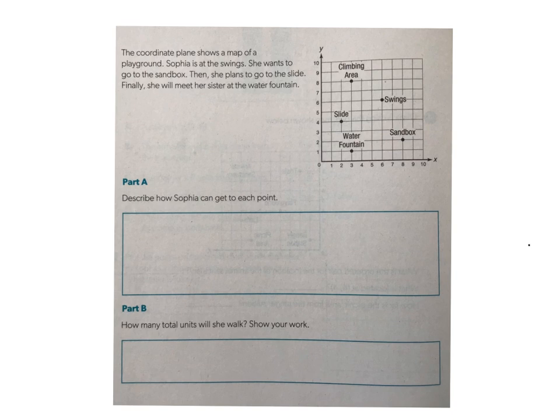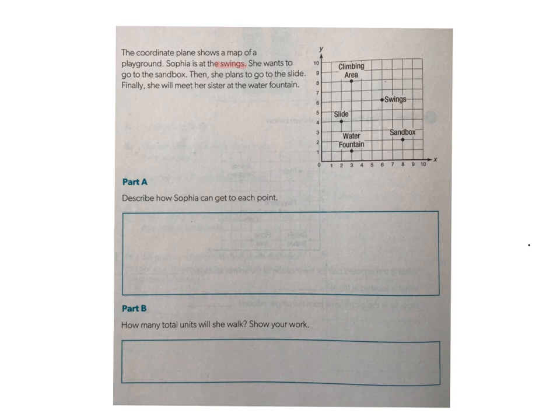So I'm going to go ahead and reread it, and I'm going to highlight all my information. I noticed the first time that there were no numbers in this problem, which tells me that the location of each of the playground items is the important information. So I'm going to read it again. The coordinate plane shows a map of a playground. Sophia is at the swings, so I know that that is important.